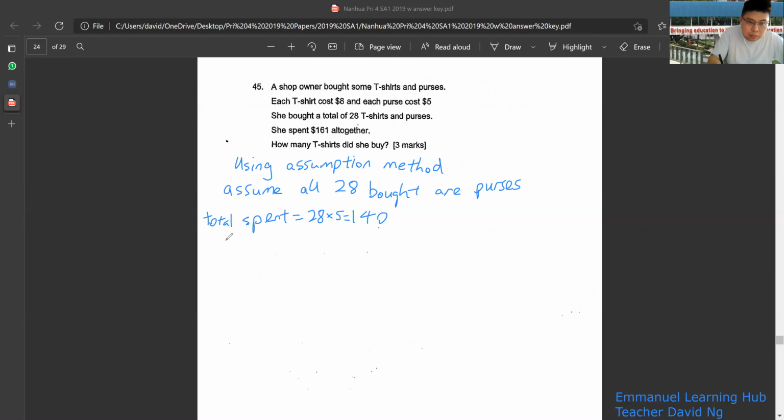125. Oh, 140. Yeah, you got 140. So total difference in actual spending.